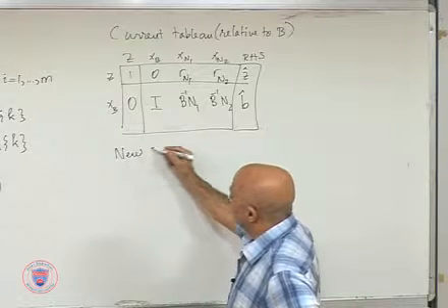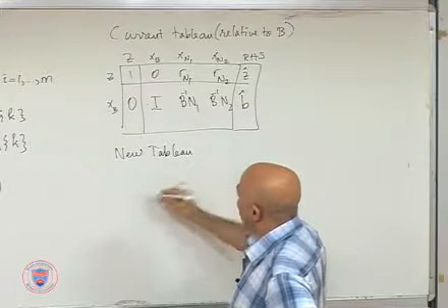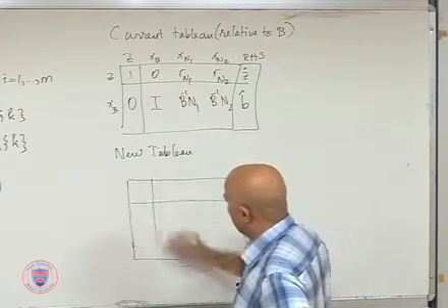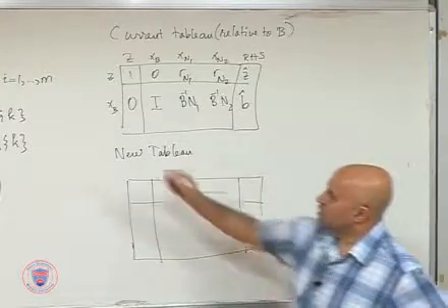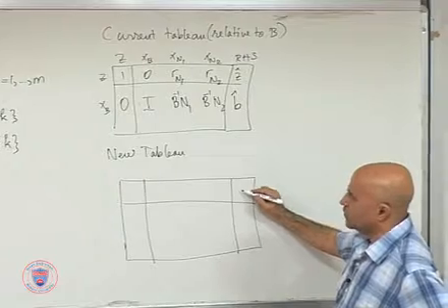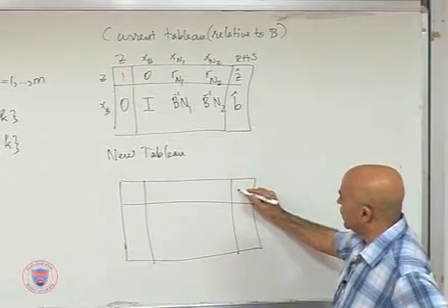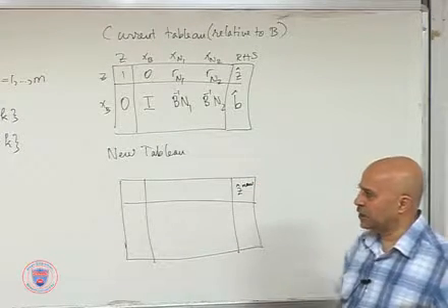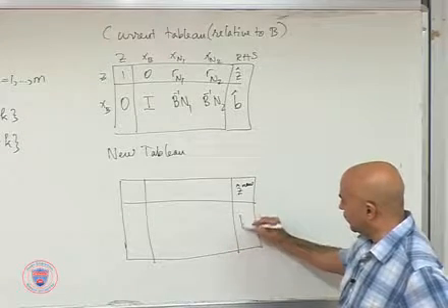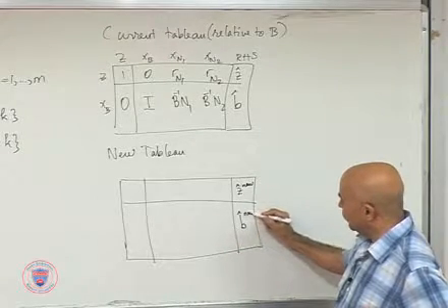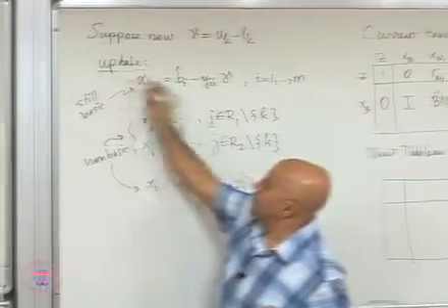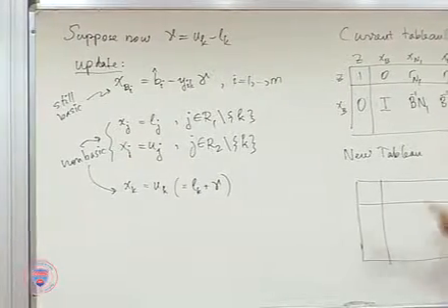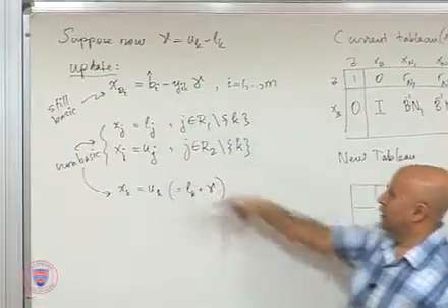And in the new tableau, we just saw how to update the right-hand side column. So the right-hand side column will be Z cap new, whatever the new value is. I did not tell you how it is, but we'll work it out. It will be B cap new now. The B cap new is as I defined in the updating, the updating I gave you in the former case and in this particular case.